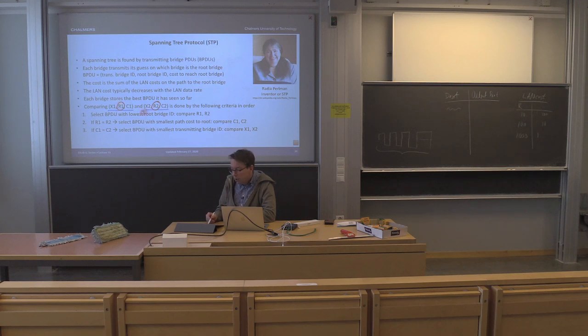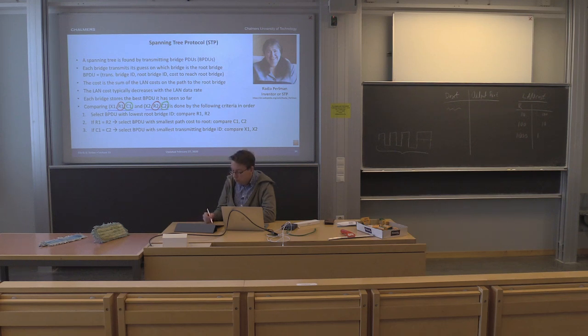If R1 and R2 happen to be the same, then we go to the next level of comparison, and that is to select the bridge PDU with the smallest path cost to the root. So second, we compare C1 with C2, and then we select the one which has the lowest cost.